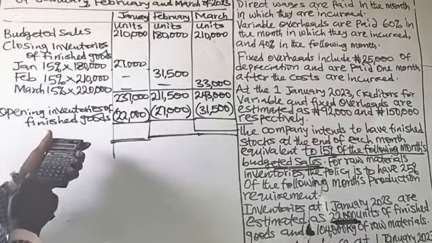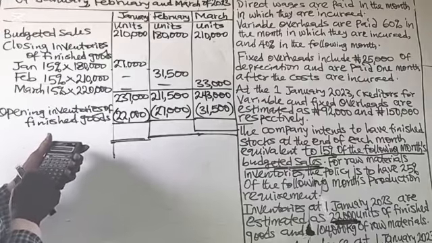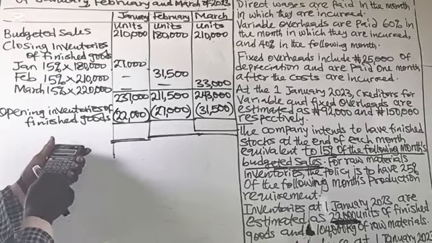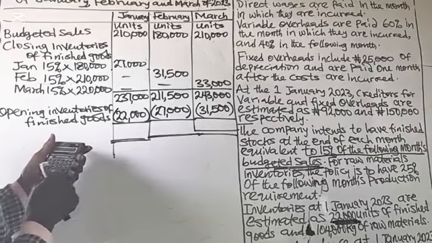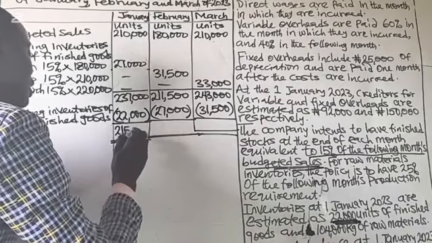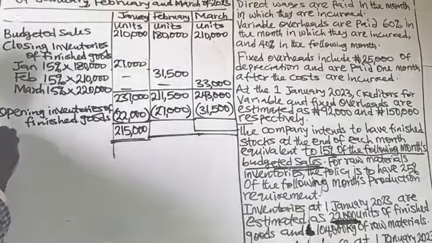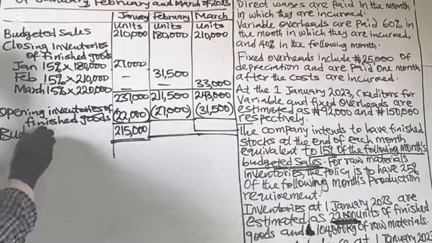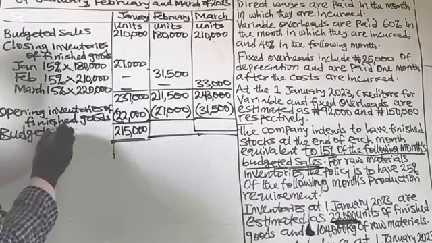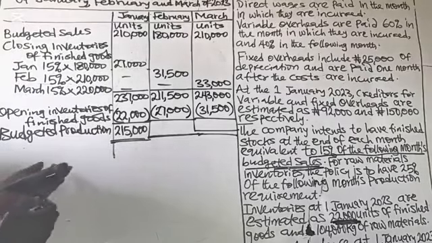So 237,000 minus 22,000 gives us 215,000. This 215,000 is the budgeted production for the period. That is the production budget required.